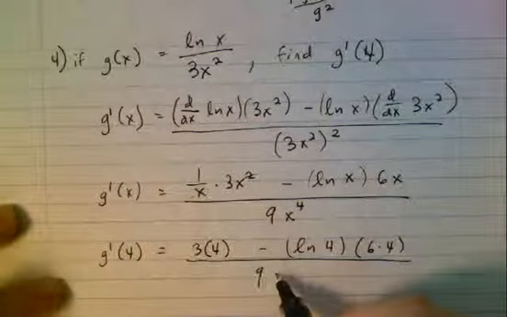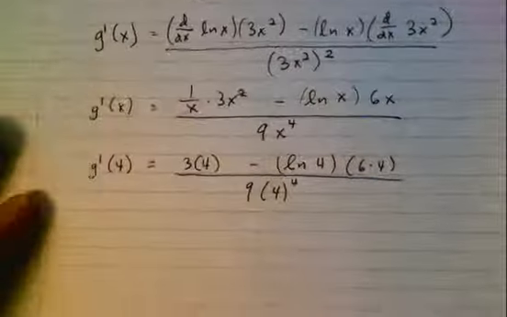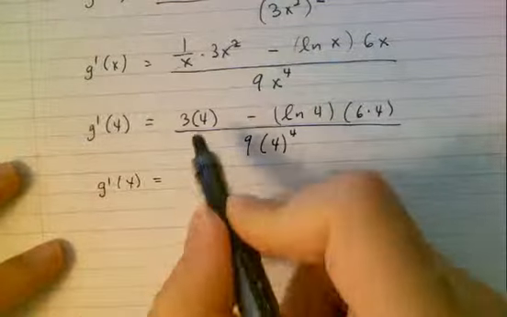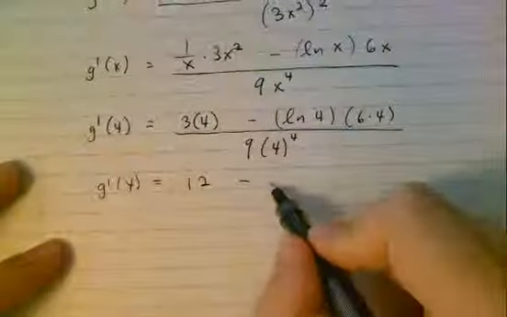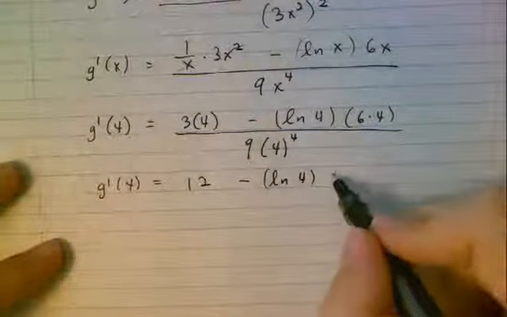Here we have 9 times 4 to the 4th. G prime of 4, 3 times 4 is going to be 12. Nothing we can do with that natural log of 4 without the calculator, so that's just going to stay put. 6 times 4 is 24.